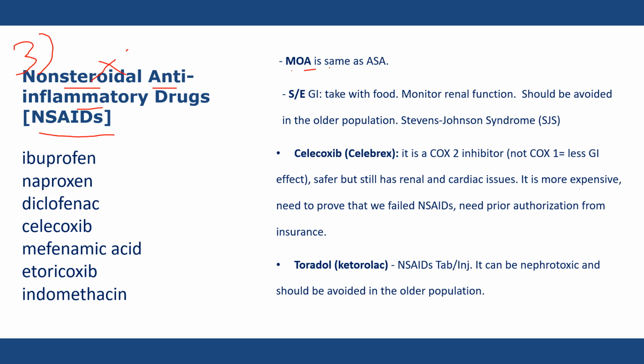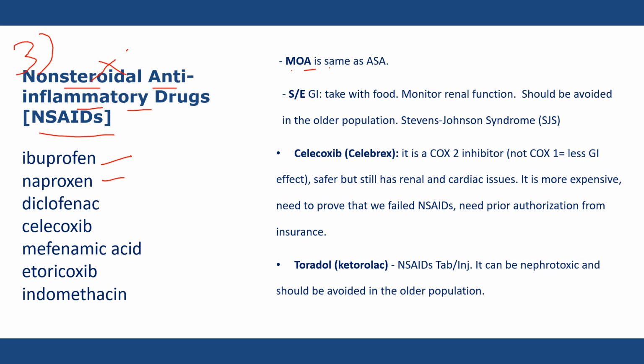But they help with inflammation. So the first one we did that shared a similar mechanism of action was acetaminophen, second was aspirin, and third classification is NSAIDs. The most common example that you are familiar with is ibuprofen, so the brand names would be like Advil, Motrin, and so forth. Naproxen is a good one as well.